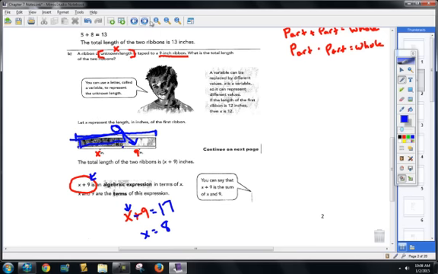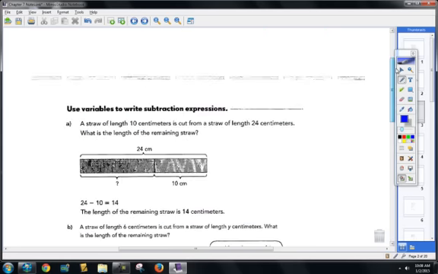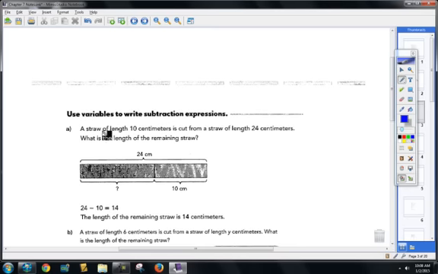Let's go ahead and go to the next page. Okay, here we go. A straw of length 10 centimeters is cut from a straw of 24 centimeters. What is the length of the remaining straw? So, again, you can look at this and say, okay, we don't know how long the remaining straw is.